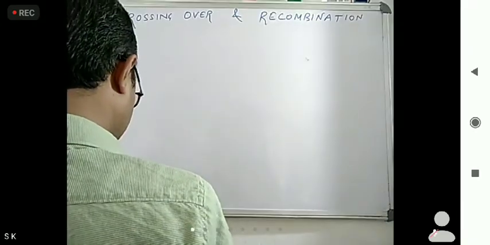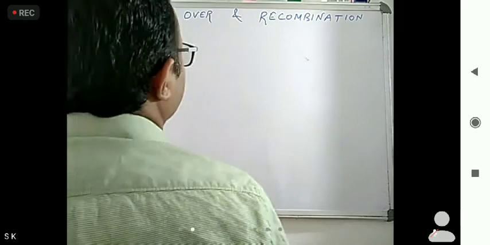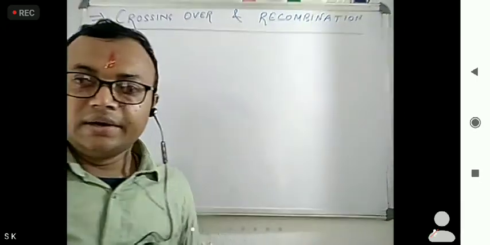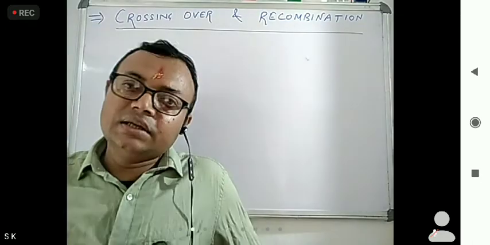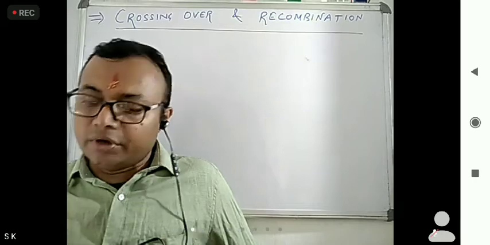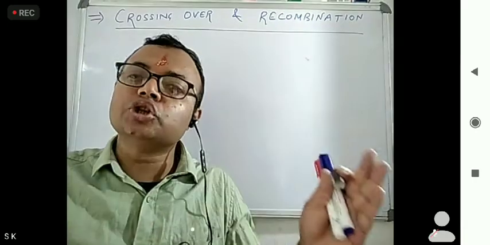So one is crossing over, one is recombination. What are those? We will see. First of all, linkage we already discussed. So linkage and crossing over are two faces of the coin.